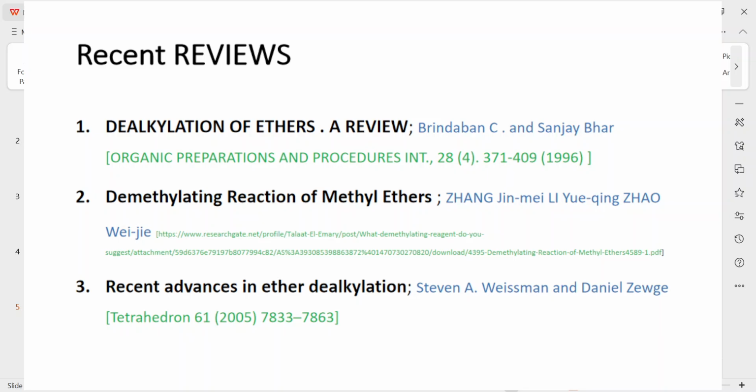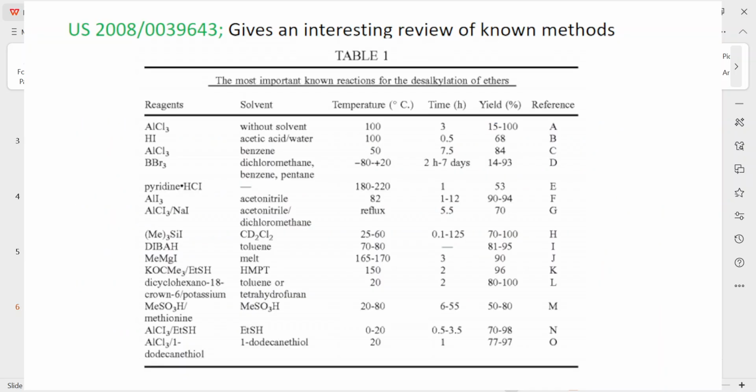So these are the reviews which I had come across. People who are interested may go through these reviews. These are the important ones which I came across, and this is another, though not exactly a review, a patent which gave details of many reagents that are available in the literature, and an interested chemist can go through this patent and the cross references given therein.